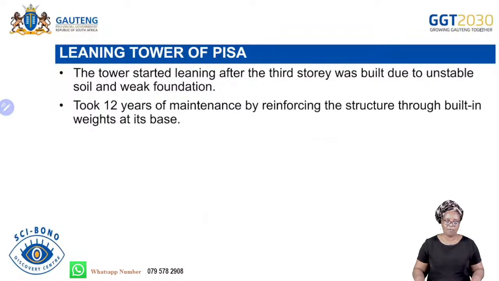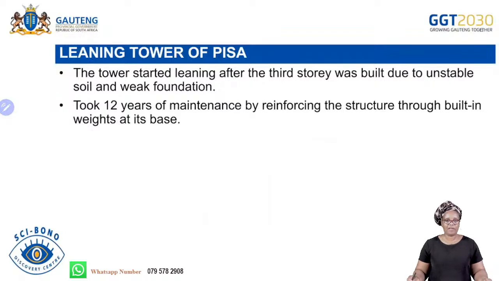It was unstable. So when they were at the 3rd story, it started to tilt because of the unstable soil and the weak foundation. But that mistake has given them the world-famous icon, the Leaning Tower of Pisa.